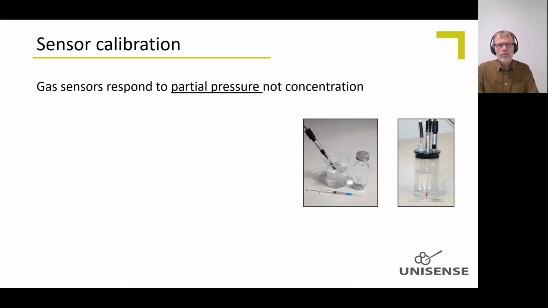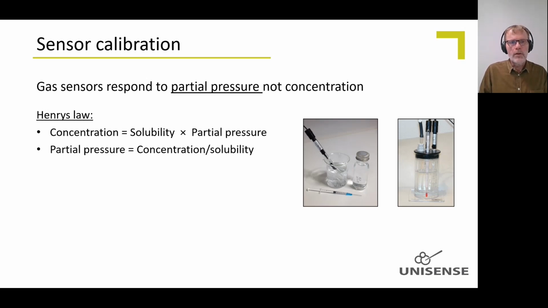First, it's important to realize, as Lars also mentioned many times, I'm sure, that the sensors respond to the partial pressure of the gas and not to the concentration as such. And this has implications for how to calibrate. Henry's law says that the concentration in water equals the solubility of the gas times the partial pressure of this gas.